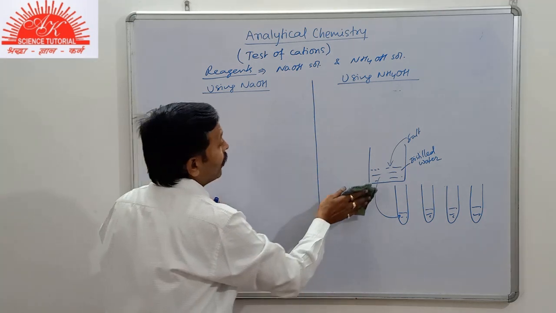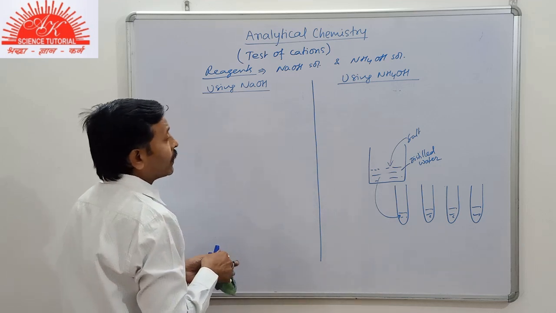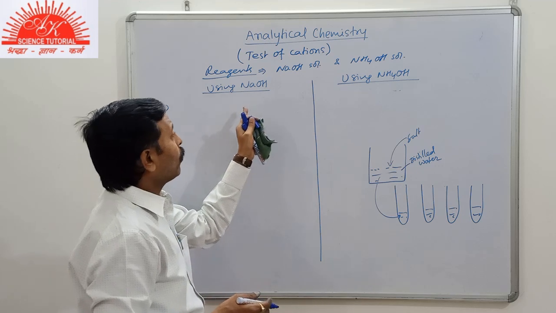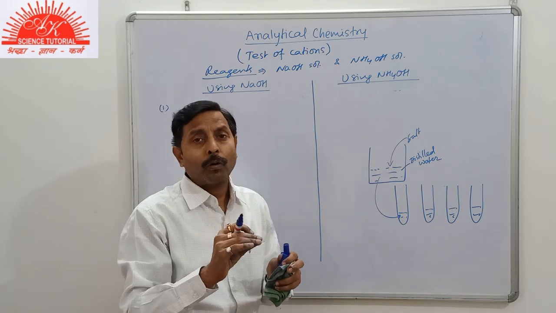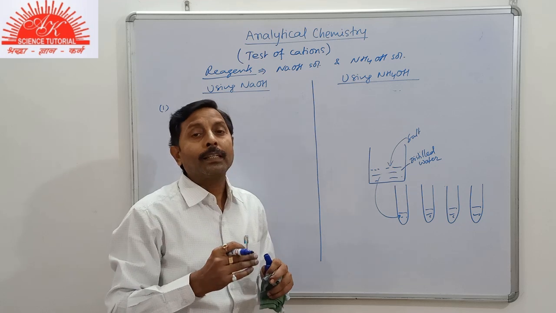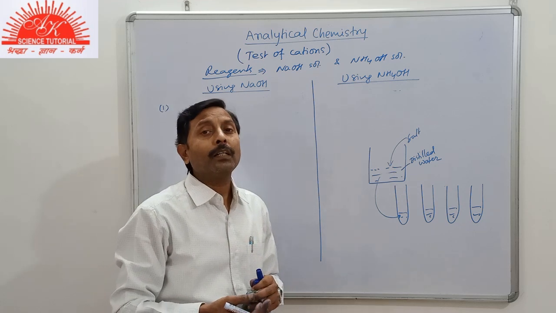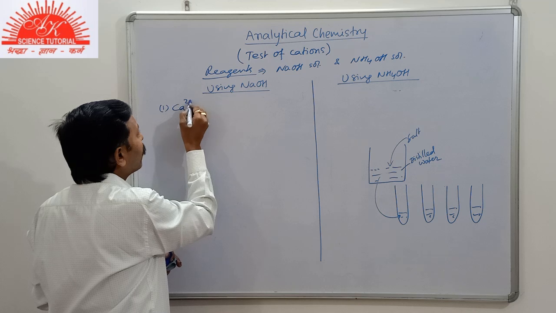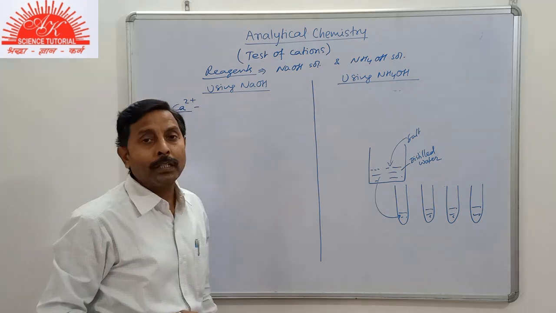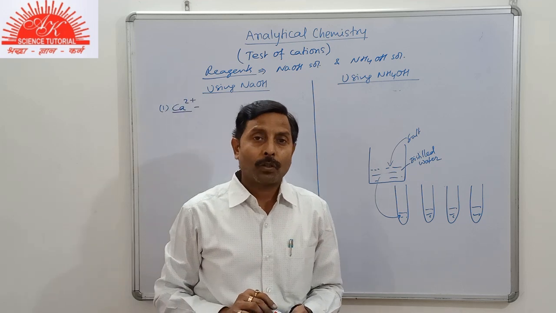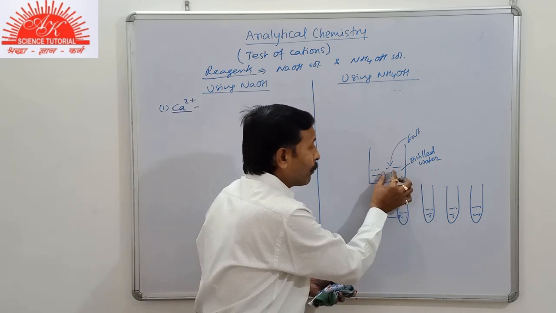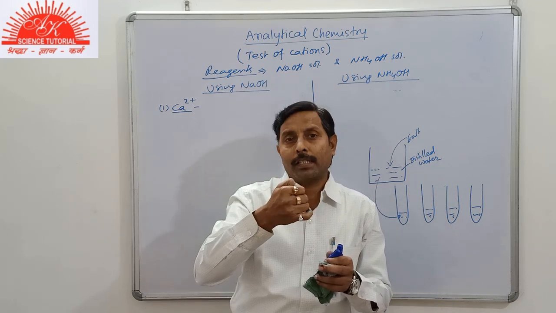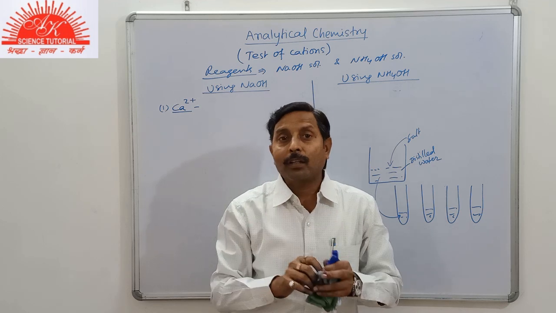In the first part, when we study a particular salt, we will write the steps, what happens, how you proceed, and for the later parts we will directly give the observation. Suppose we are going to study calcium ion, meaning we are provided with a calcium salt. Then like this you prepare the salt solution, take a small amount of it in a test tube and add NaOH dropwise. You will find the observation.